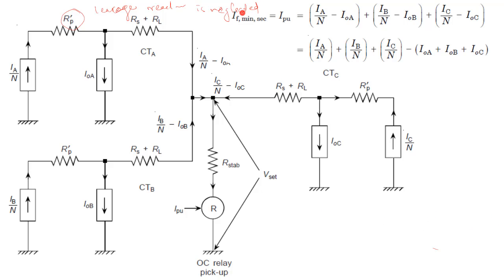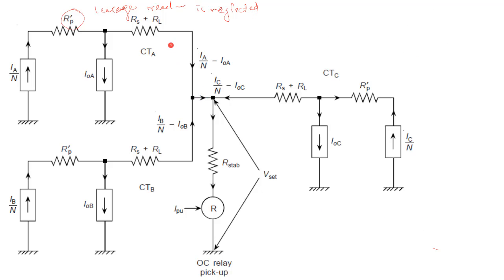Now your RL is the burden, and RS is the secondary side CT resistance.